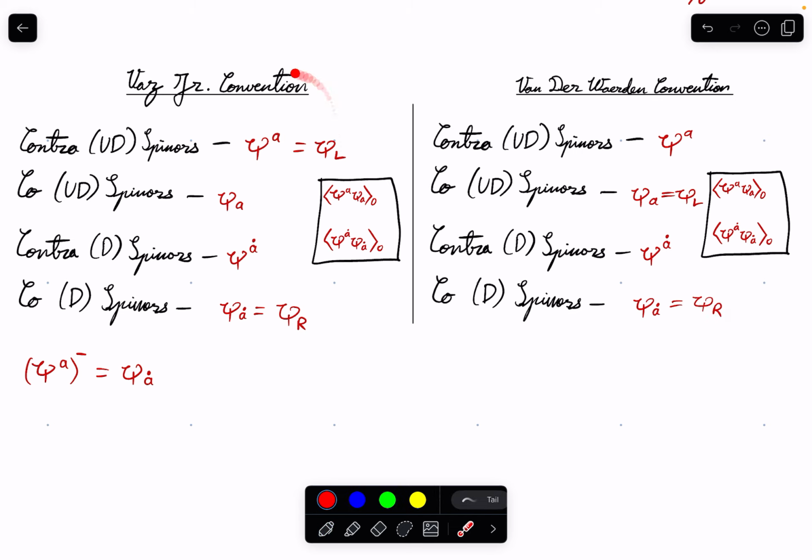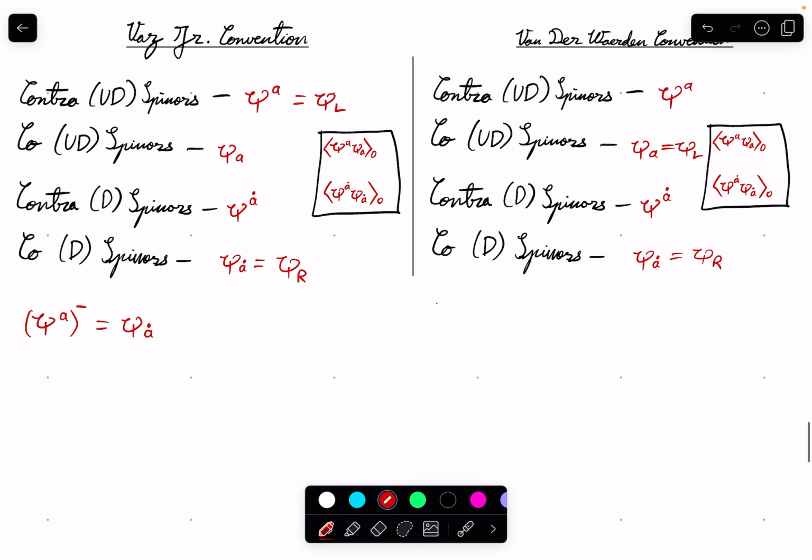So you can see that in the Vaz Junior convention, the left Weyl spinor is associated with the contravariant spinor, and the right Weyl spinor is associated with the covariant spinor. However, in the van der Waerden convention, the covariant spinor is associated with the left Weyl spinor, and the contravariant with the right Weyl spinor.